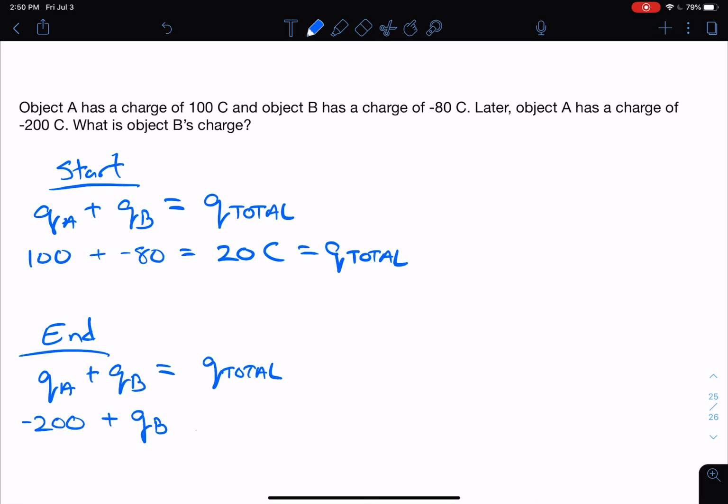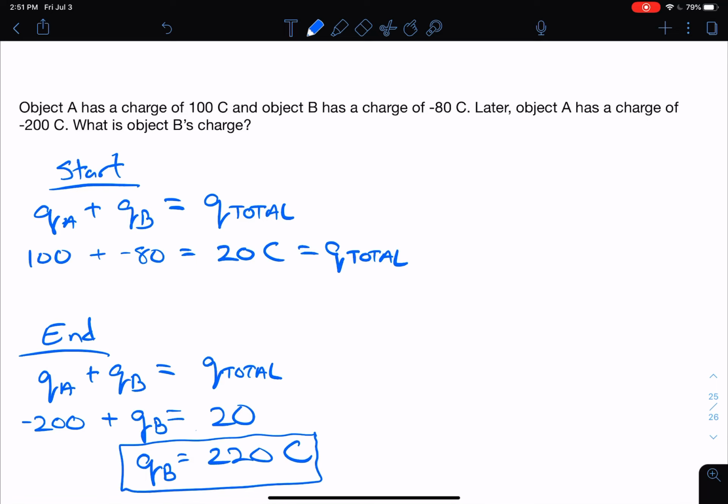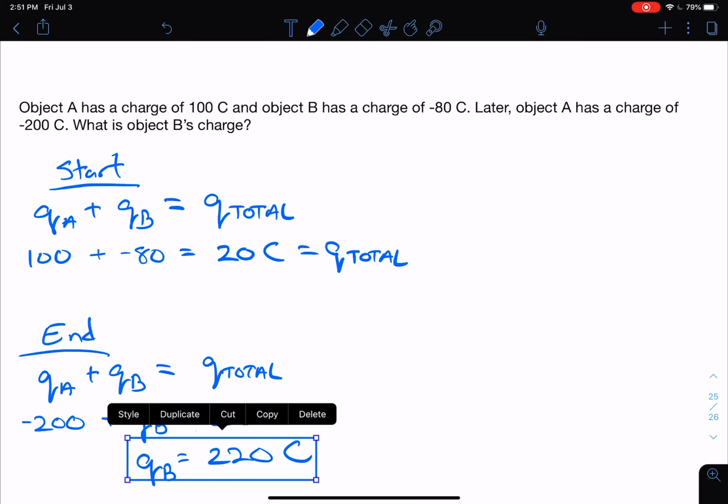I don't know B's, but I know the total charge, 20 coulombs. And so I can solve for B and get 220 coulombs. So there is the answer, 220 coulombs.